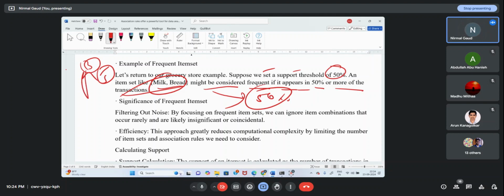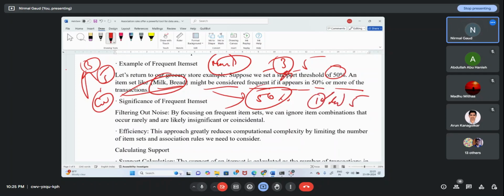So you can consider this kind of items as frequent items. Frequent means mostly, or I would say nearly every time. That is called frequent. So out of five transactions, if three times you are taking bread and milk, obviously it is frequent. But if a combination is taken only one time out of five, this is least. This is not frequent.